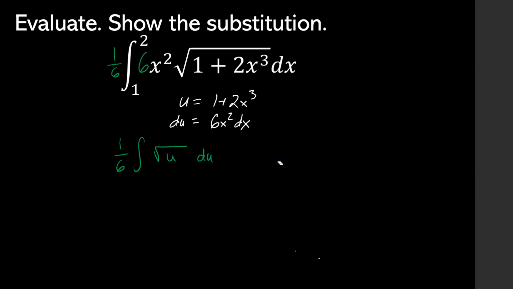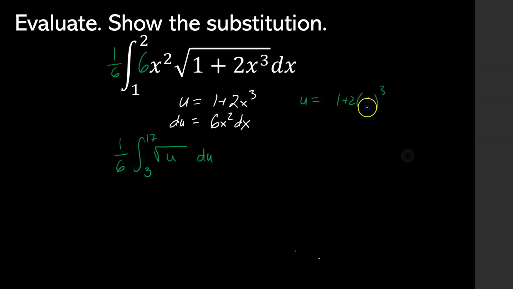All right, what happened to our bounds? So when x equals 1, u equals, do you have it? 3. And when x equals 2, u equals 17. How did we do that? Well, let's think about this. So u is equal to 1 plus 2 times the x value cubed.